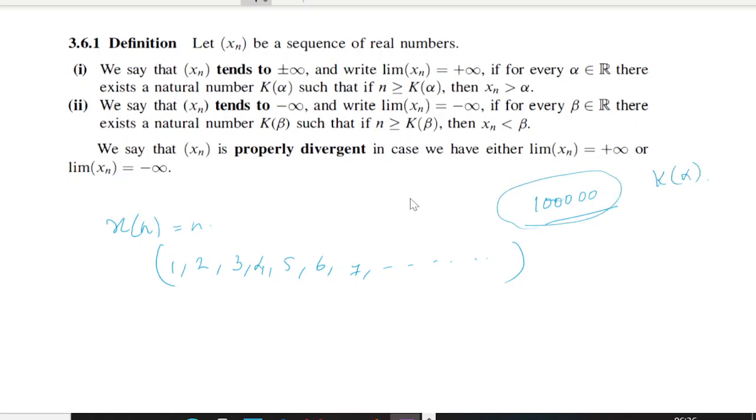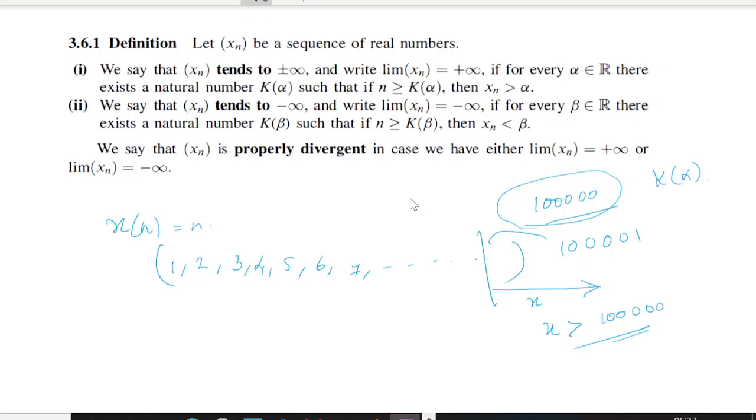Then you can find that from this stage onwards, every element x should be greater than 1 lakh.